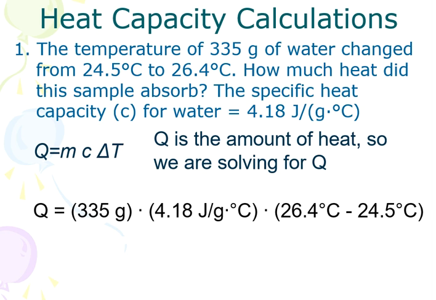So here's how we set this up. Q is equal to our mass times our heat capacity times the change in temperature. Delta T, the change in temperature, is equal to our ending temperature minus our beginning temperature.